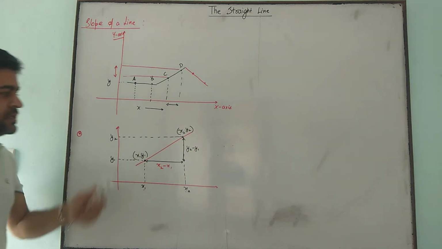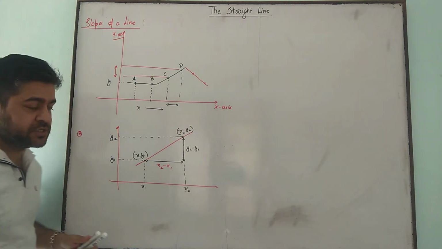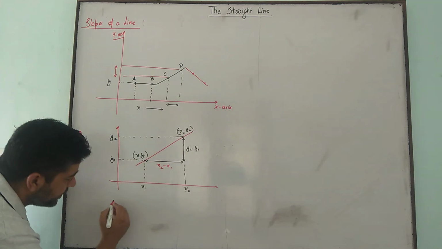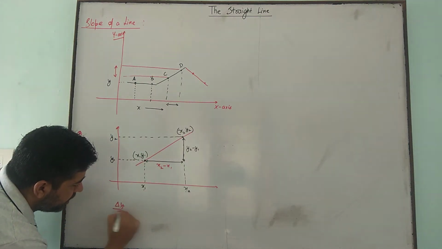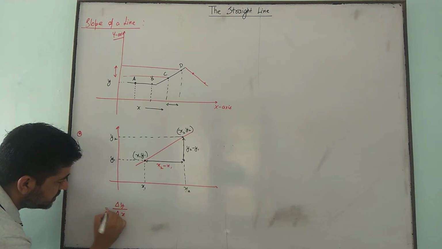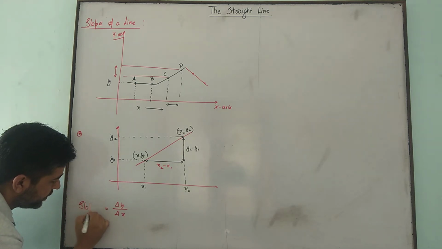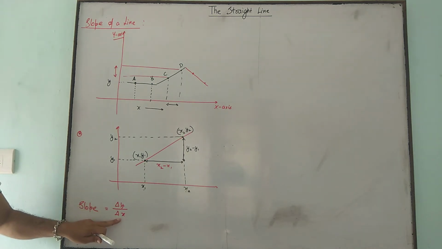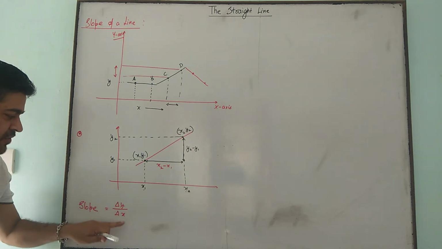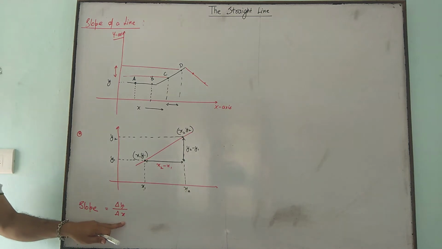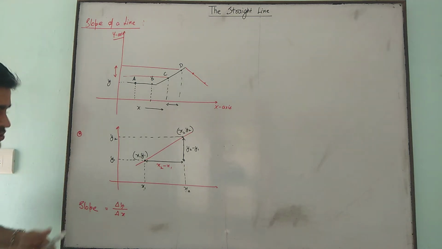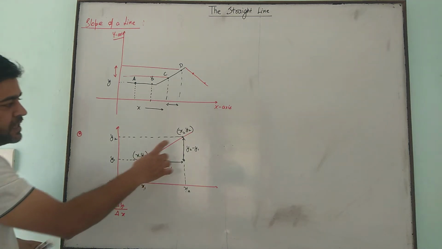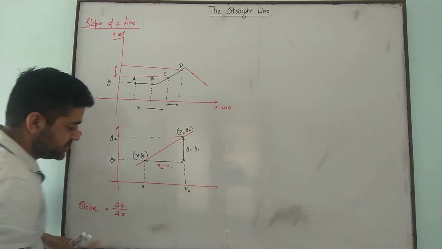So what is the rate of change, that is change in y upon change in x, is called slope. Change in y with respect to change in x, that is the rate of change of y with respect to x, that is what is called the slope of a line, that is how y is changing when x is changing.